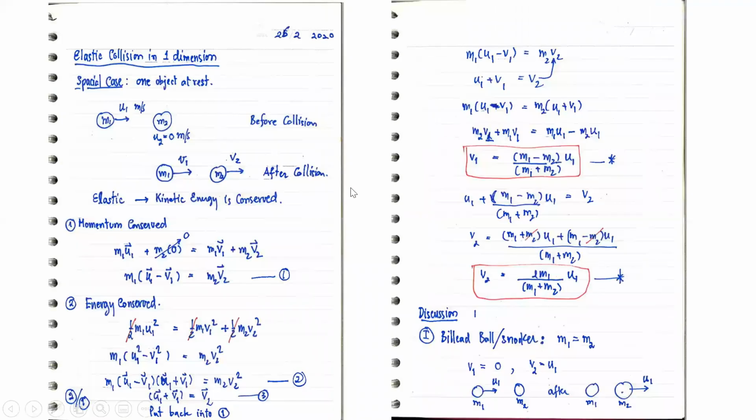But sometimes you have an elastic collision. For example, the pool table is almost elastic. Okay, but for something like the collision between stars or with a spring involved, you can set up a system that is almost an elastic collision.